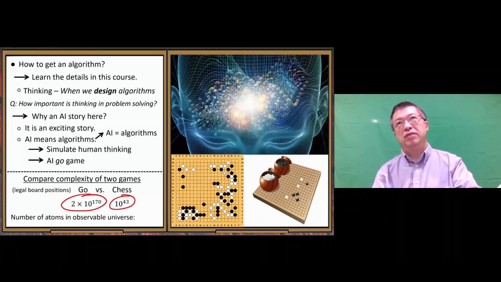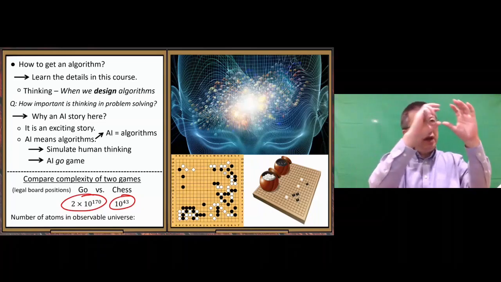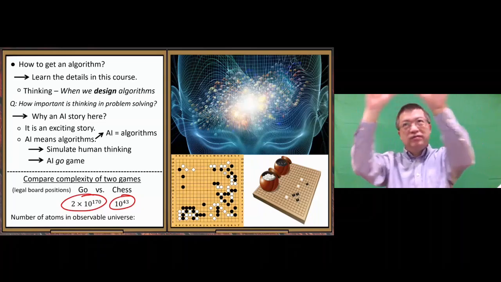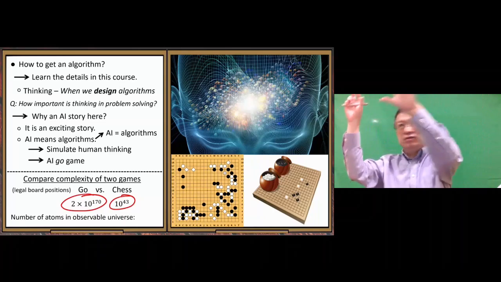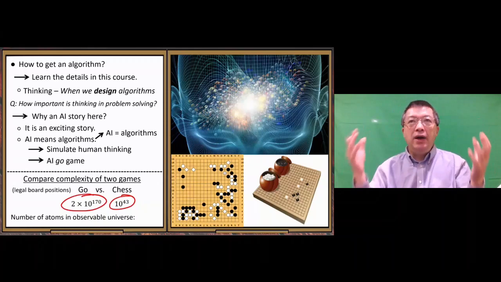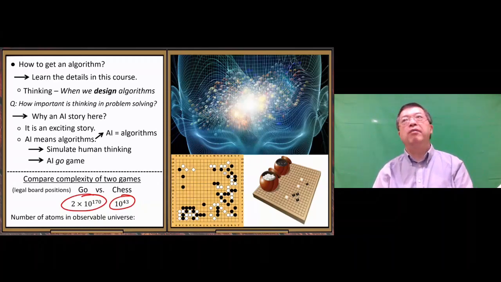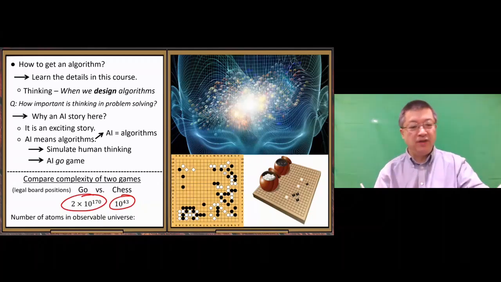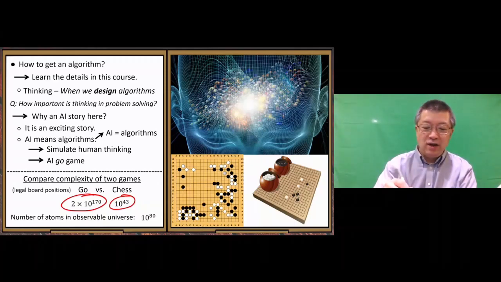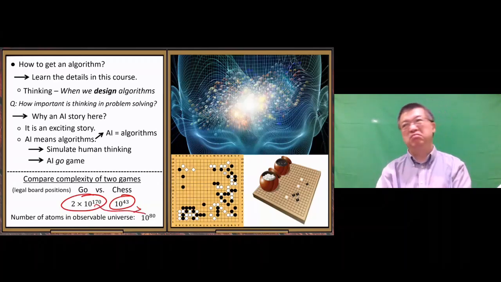If you use a telescope, you can try to view everything in the observable universe. How many atoms are in the observable universe? Scientists estimate this number at 10 to the 80th power. You can see the legal positions of the Go game are much larger than this number.